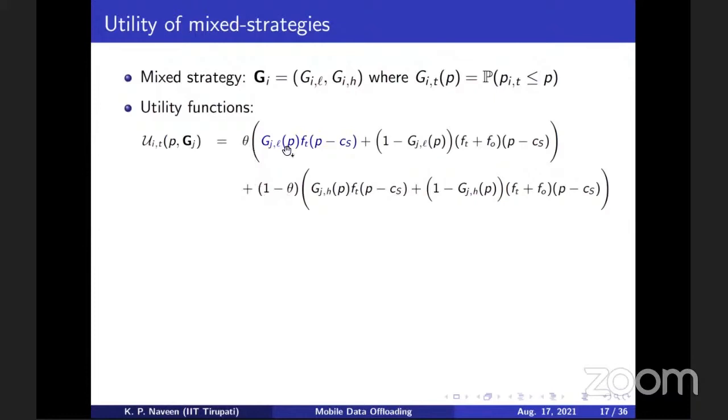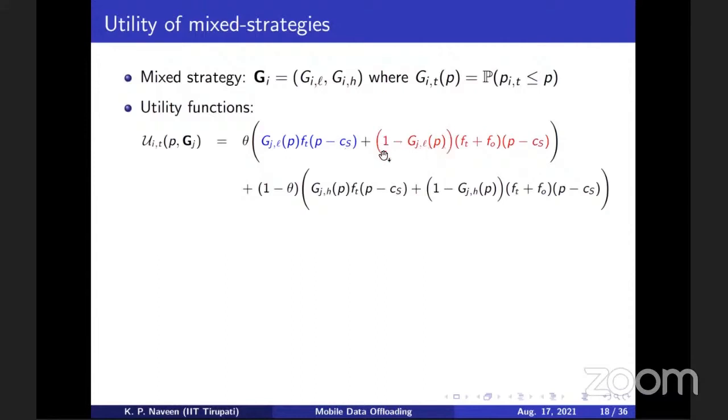Whenever the flow is low, this is the probability that SSPJ, since it's using this distribution, is going to set a price less than P. Whenever it sets a price less than P, I just get the monopoly flow. Okay, so this constitutes the revenue in that case.